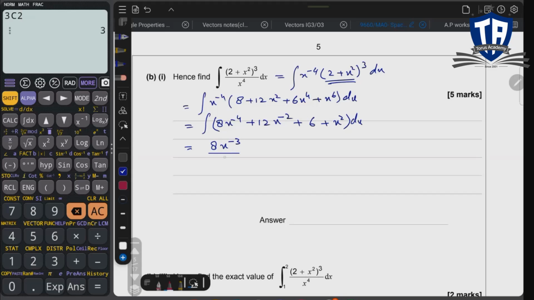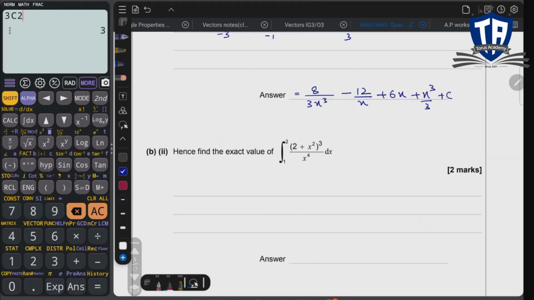The integral of a constant 8 is 8x, and adding 1 to the power, x squared becomes x cubed over 3, and here it is plus c. The answer is 8x plus 12x cubed over 3 plus 6x to the 5 over 5 plus x to the 7 over 7 plus c. Hence find the exact value.